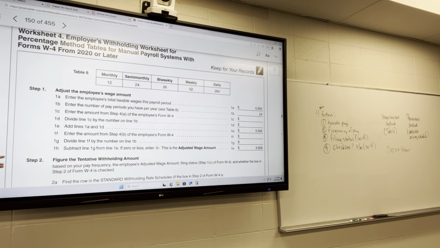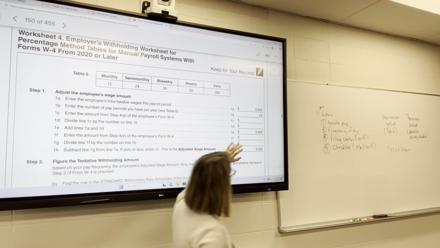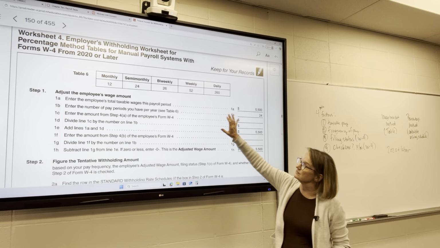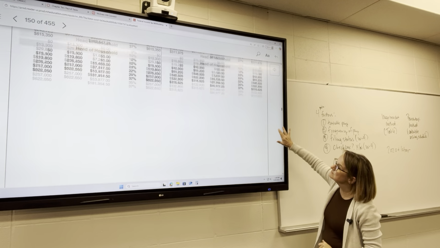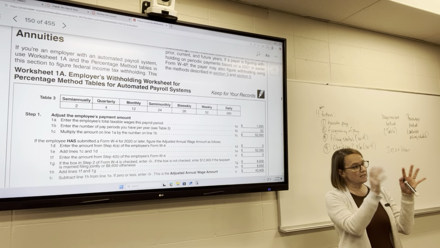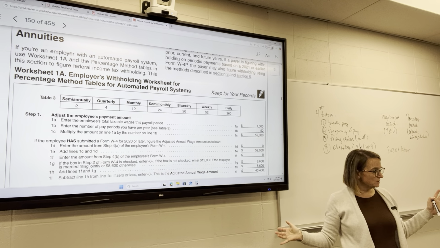So this is the worksheet that would be used for a manual system for 2020 or later. In that automated system, essentially every pay period, you're taking what they are paid in that pay period and annualizing it.